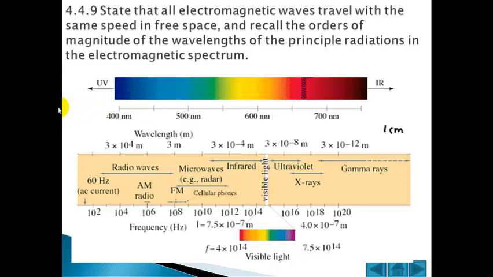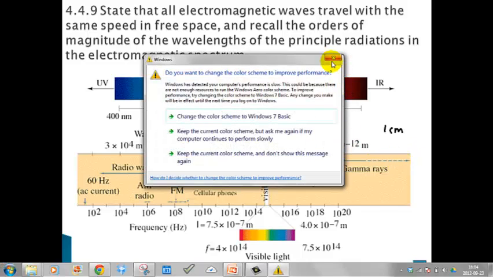Ultraviolet beyond here. X-rays overlapping here, at a scale of 10 to the minus 10 meters, and gamma rays from about 10 to the minus 10 downwards, 3 times 10 to the minus 12, and so on.